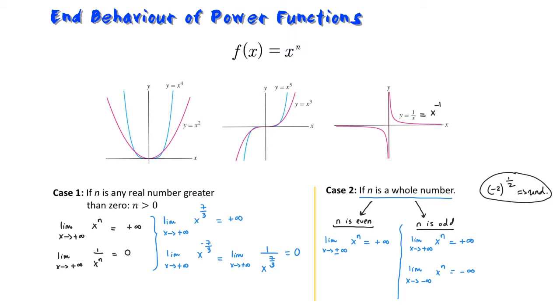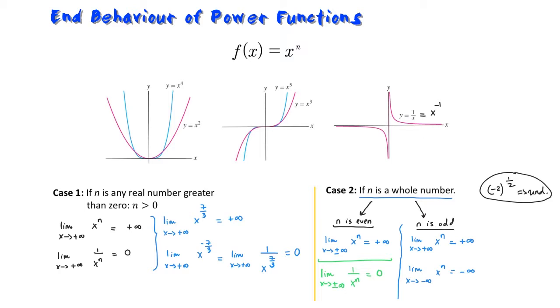Now let's do the reciprocal of these functions. So in this case over here, the limit as x approaches positive and negative infinity of 1 over x to the n is going to be 0.